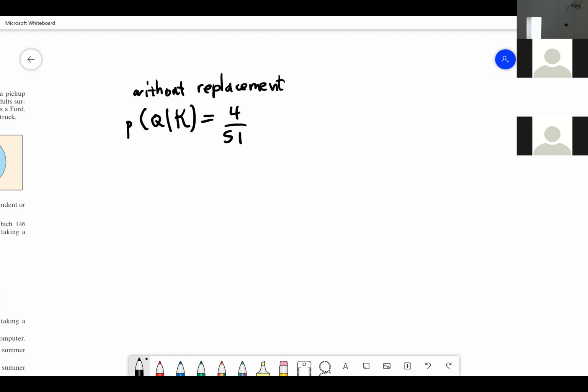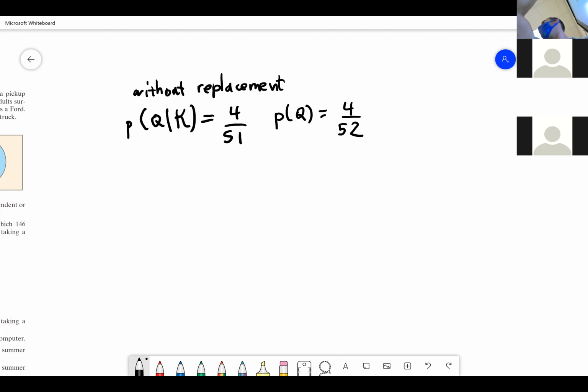Now, if we would have started normally, what would have been the probability of queen by itself? Now, did you see what the event king did to the probability of queen? Did it change it? Okay, this is super important. Event king happens. What's the probability of queen?